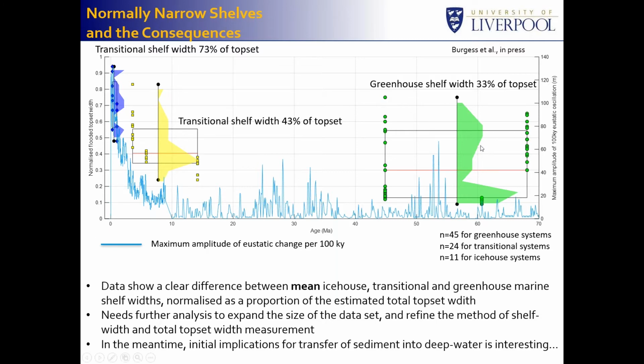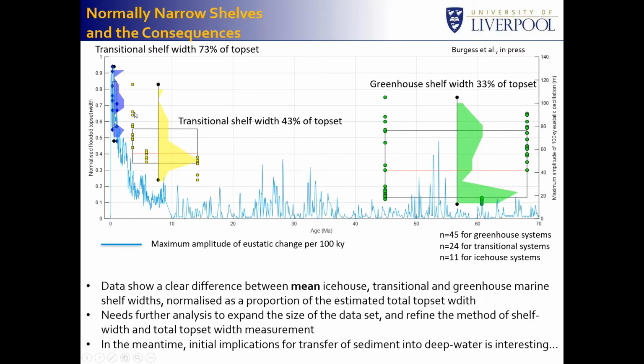We're showing data from greenhouse, transitional, and icehouse systems: green is greenhouse, yellow is transitional, blue is icehouse. The takeaway point is that the mean widths for the greenhouse systems are substantially less than for the icehouse systems.